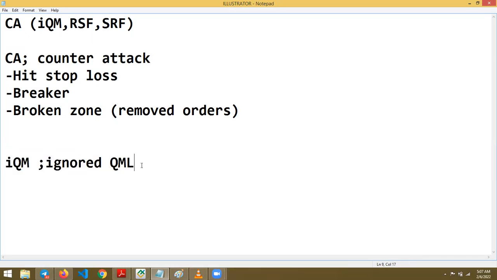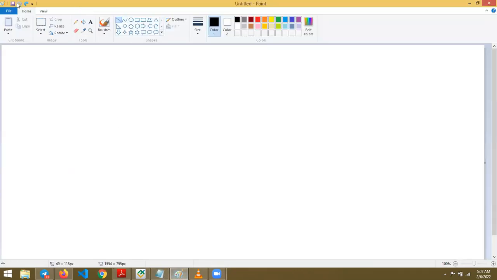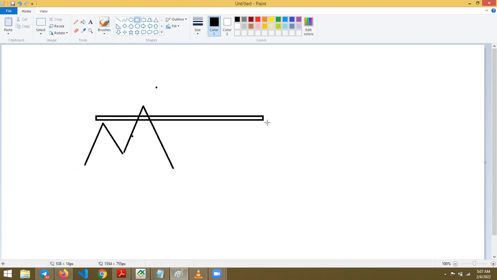And now when this occurs, then you can consider the counter attack, right? Let me illustrate that. So now take for instance, here we have a perfect QML high, something of this sort. Then of course, this is the zone or the area that we are looking to sell at, right? Then we even have some bit of price approach.